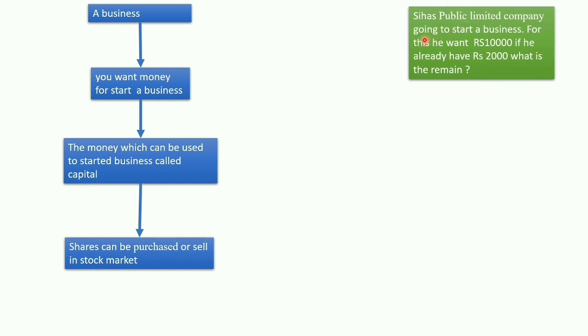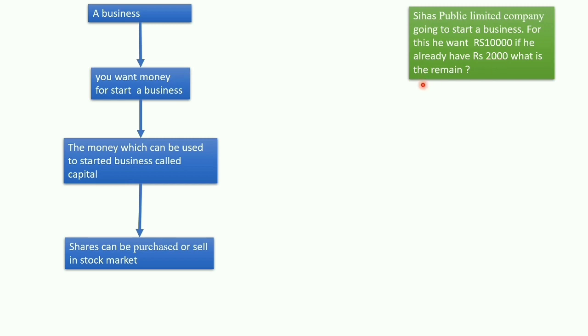Now there is a public limited company, we call CHAS. We will put a small name for that limited company, CHAS Public Limited Company, going to start a business. For this he wants 10,000 rupees. If you already have 2,000, what is the remainder?